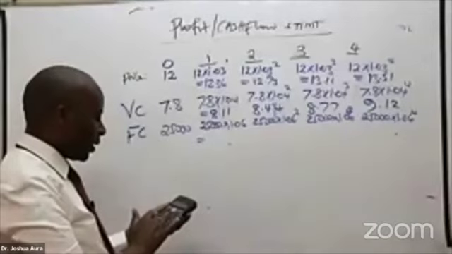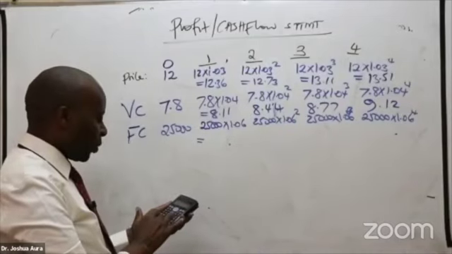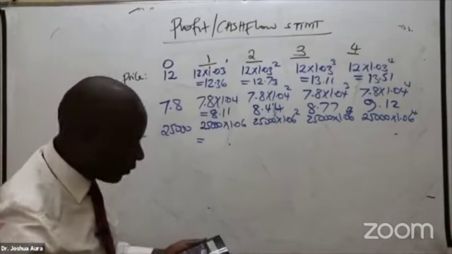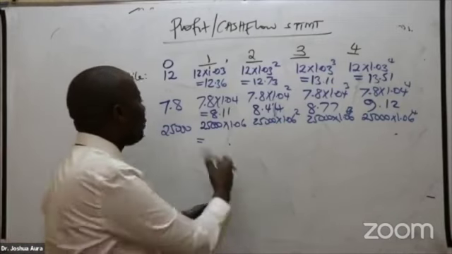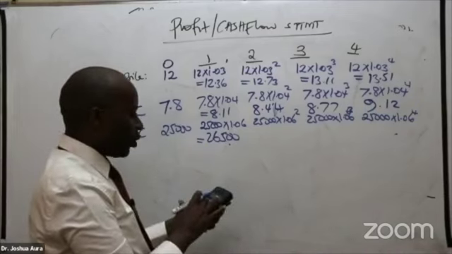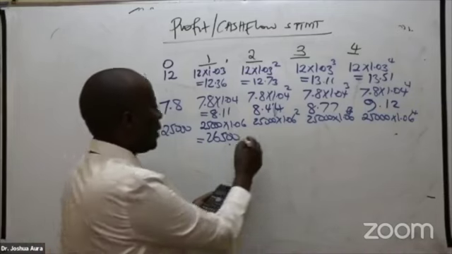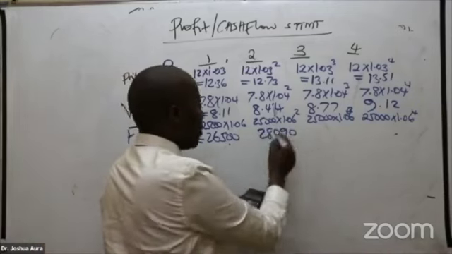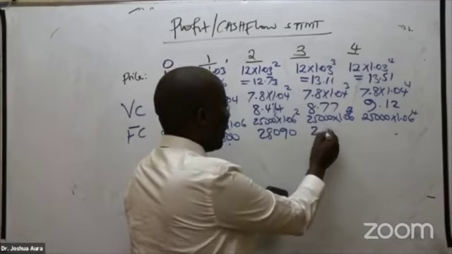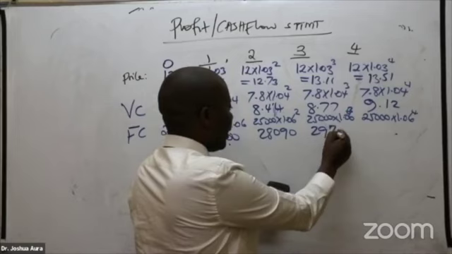25,000 times 1.06 gives us 26,500. Raised to power 2, we have 28,090. Raised to power 3, we have 29,775.